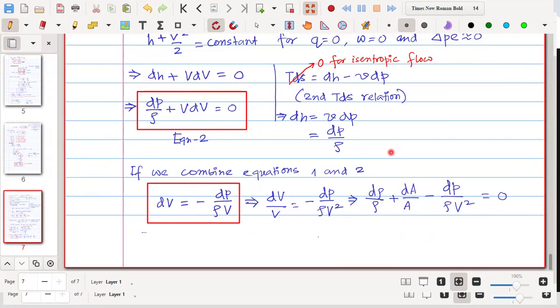Therefore, dA by A is equal to dP by rho V square minus d rho by rho.